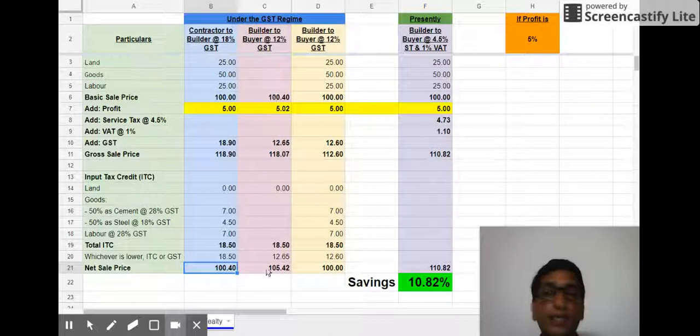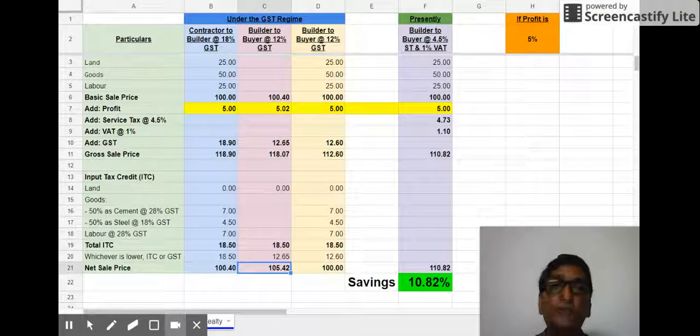And on the second stage of value addition, the price goes from 100.40 to 105.42. These assumptions may differ from situation to situation. So the price has gone from 100 to 105.